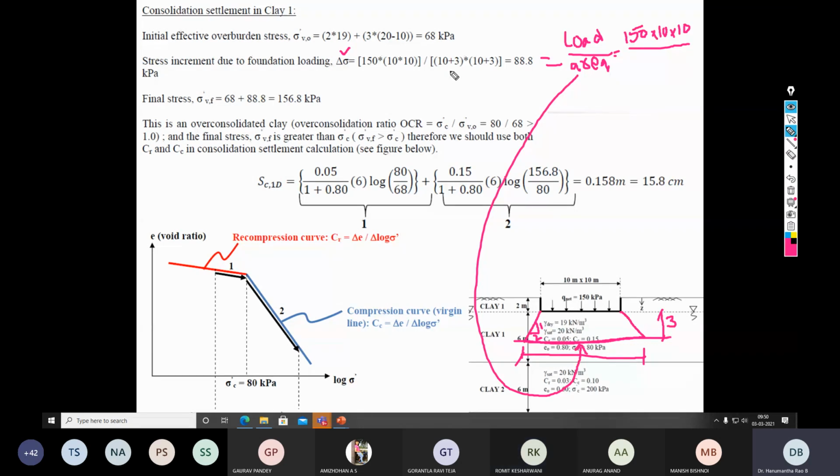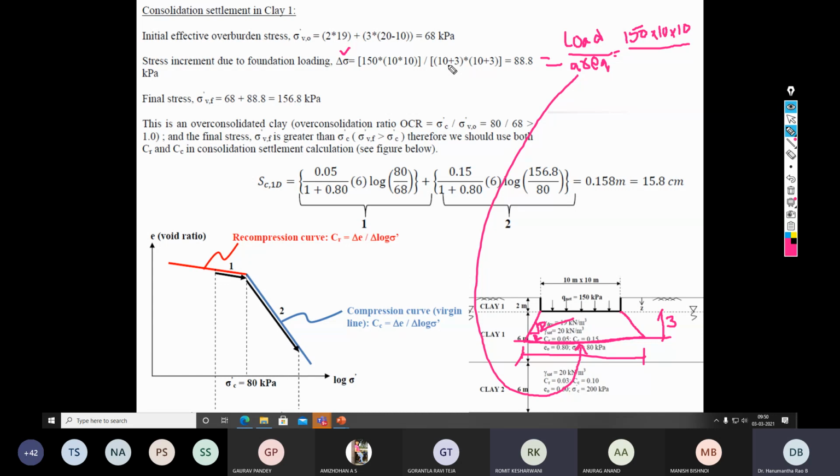Or 13 meter. Here it is 13 meter. Sir, 16. One horizontal to two vertical, sir. You need to take. Okay, okay. So I'm sorry, you take one horizontal to two vertical. So then, sir, what you will get?